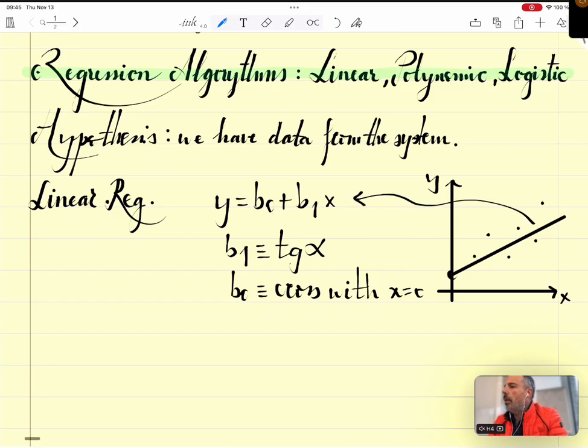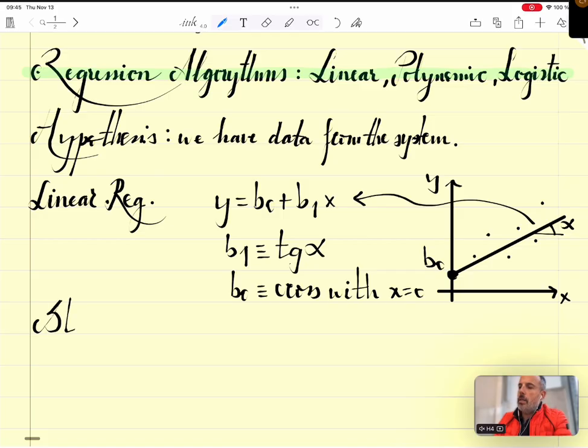This point is going to be 0, and this has a slope, a pendiente, of degree alpha, and that is going to be b1. Okay, so let's make an example, and it's then easy as a piece of cake.